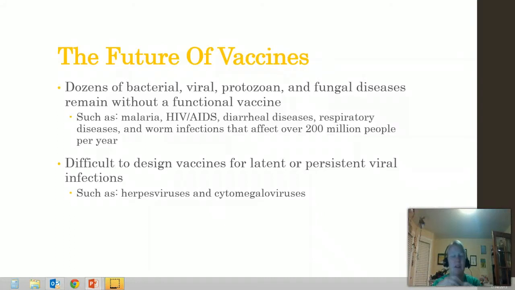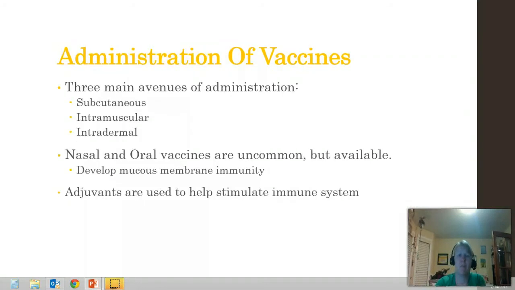These are the herpes viruses or cytomegaloviruses. Because our bodies can't clear them, we can't ever mount an efficient immune response. And so that's another project that we need to be working on. So if vaccines are something that's interesting to you, I would encourage you to explore this, because there is a bright future in vaccine development ahead of you if you're interested in that kind of field.